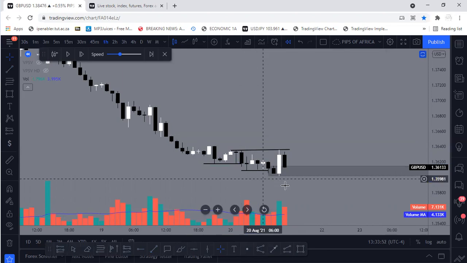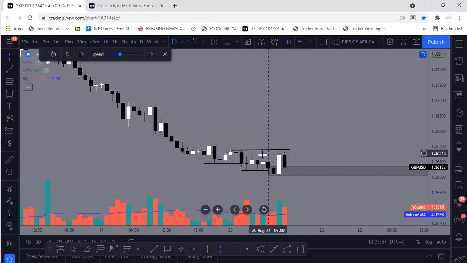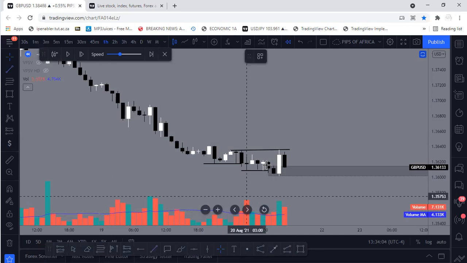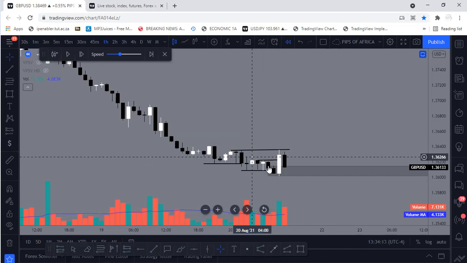Right. So here we have a liquidity, and after liquidity, we have what? We have order block, which broke this minor structure. We have this structure here and also this structure here.